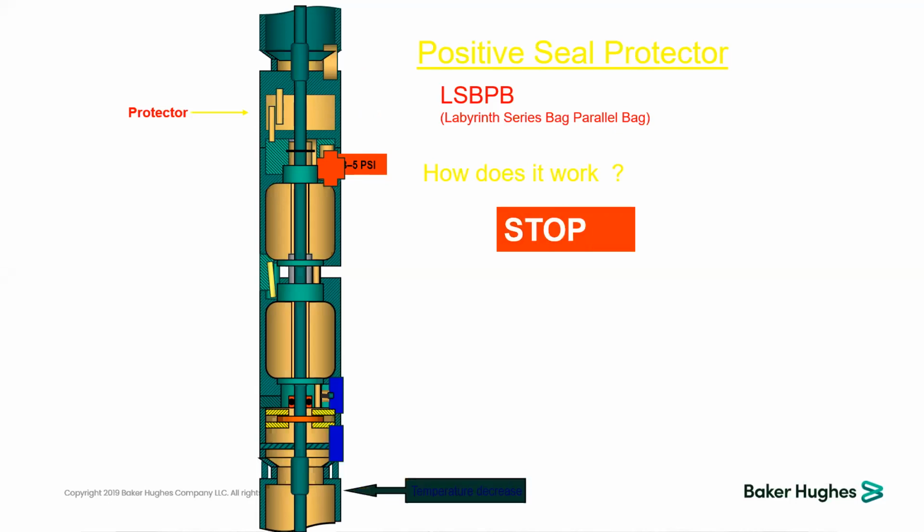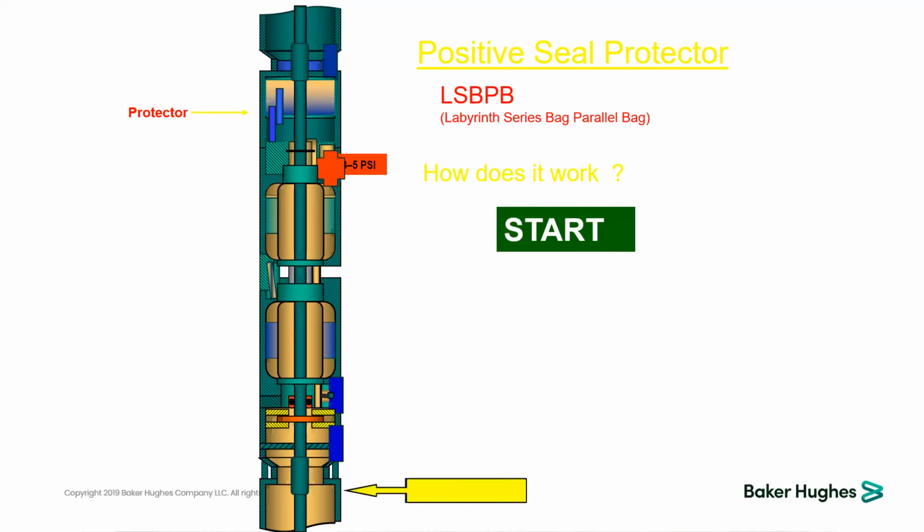And once you stop, the bag will contract and an amount of well fluid will go inside the labyrinth section and will go to the outer volume of the bag. It will not go to the entire volume of the bag section because the entire bag is connected through the shaft, through the mechanical seal, and that is supposed to run efficiently and isolate the well fluid from going to the entire bag.